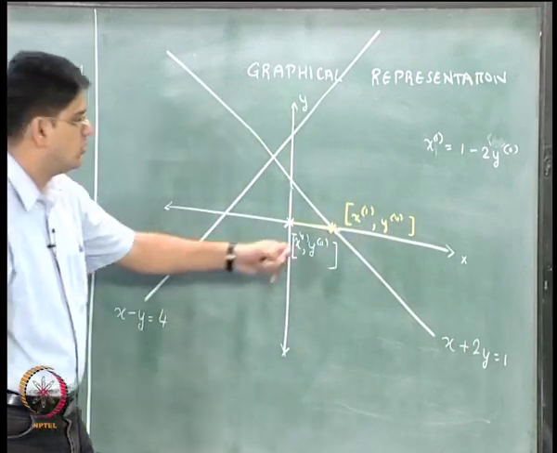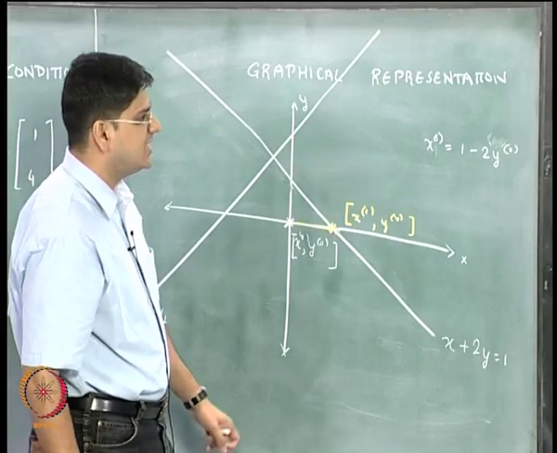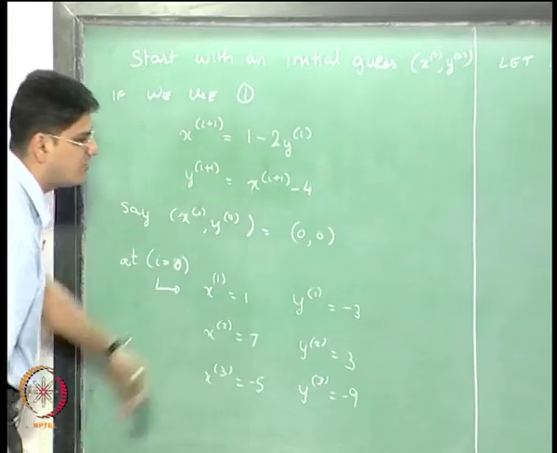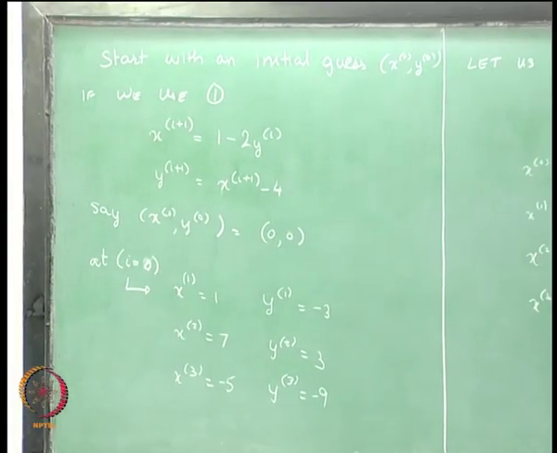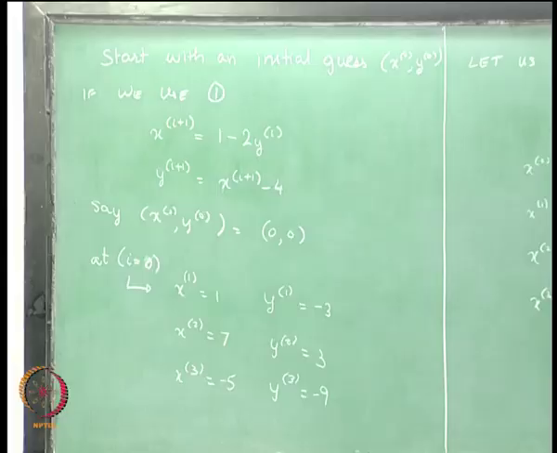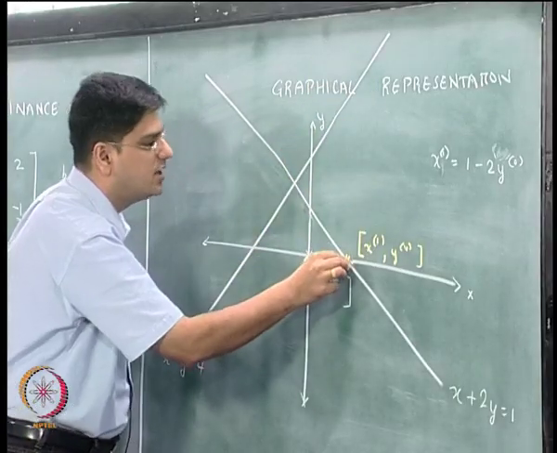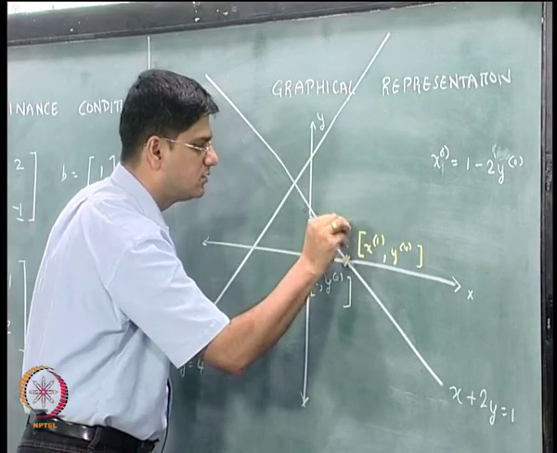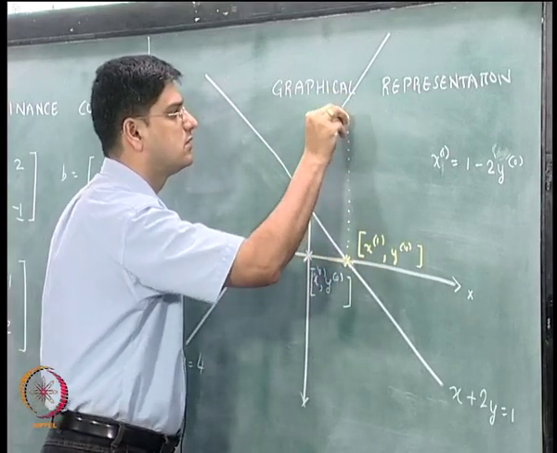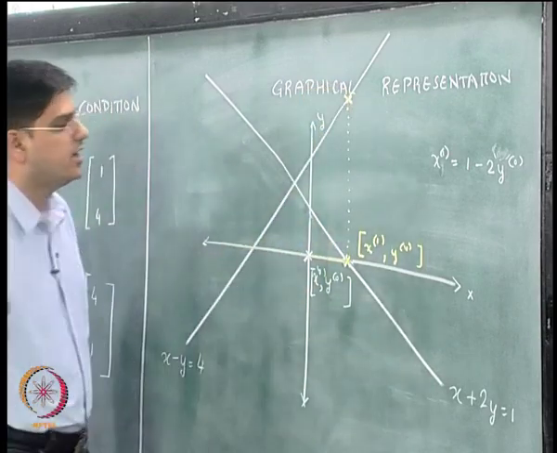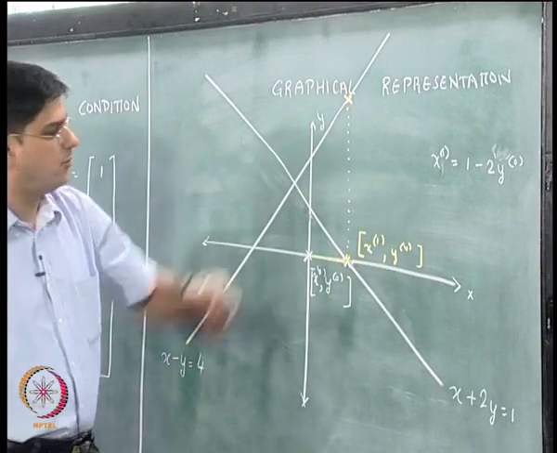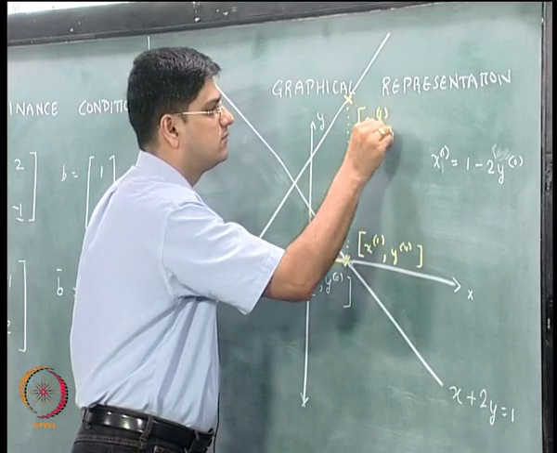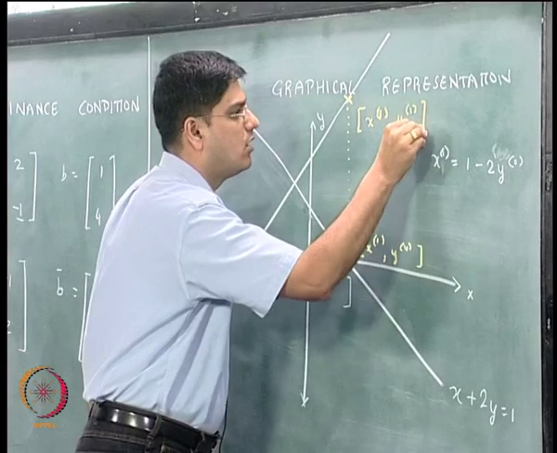Then we used the second equation, so that we had y1 equal to x1 minus 4. We are keeping the same x1, so we are going along this line and we will reach this particular point, which is x1, y1.